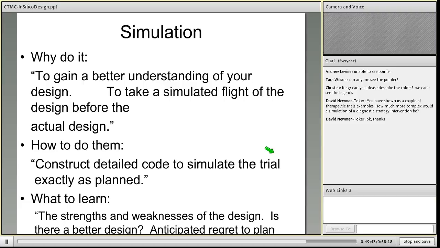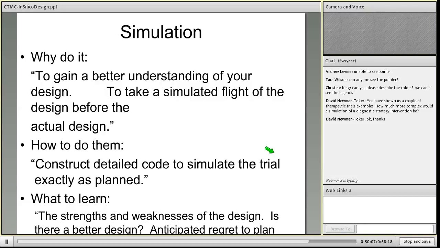It's building the software to do this. There are a number of packages out there that are available to simulate trials. It's an evolving science. Tends to be some expertise in doing simulations, but can be done on smaller levels as well with fairly simple coding.